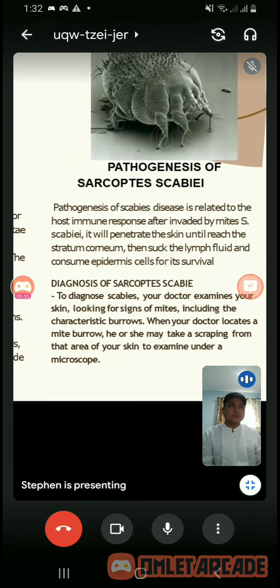So, i-examine pala yung balat mo kung meron mang tumutubo na galis aso doon o scabies, galis. Pero for me, ang pinaka-effective dyan is pagkakaroon ng magandang personal hygiene, like pagligo sa araw-araw, ganyan. Pag-iwas mo paghawak sa mga aso na may galis, di ba? So, let's move on.